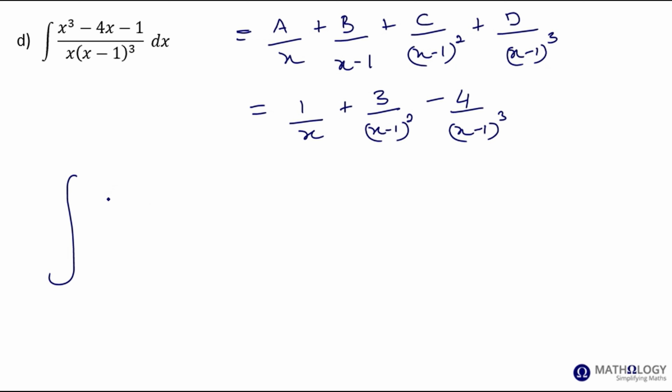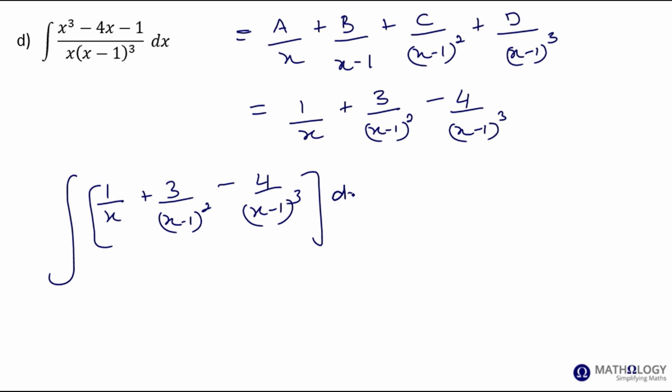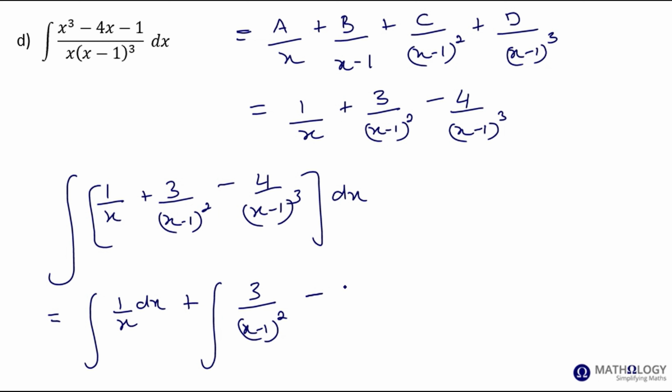So the integral reduces to the integral of 1 over x plus 3 over x minus 1 all squared minus 4 over x minus 1 all cubed dx. Split it into 3 separate integrals now. So we have the integral of 1 over x dx plus the integral of 3 over x minus 1 all squared minus the integral of 4 over x minus 1 all cubed dx.